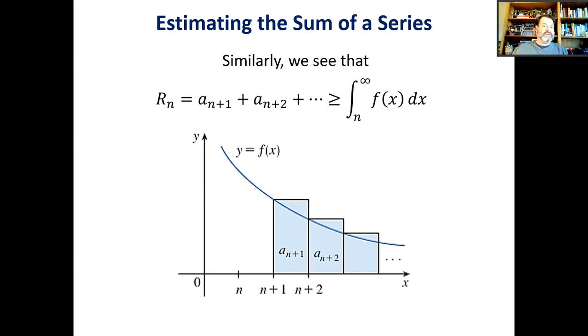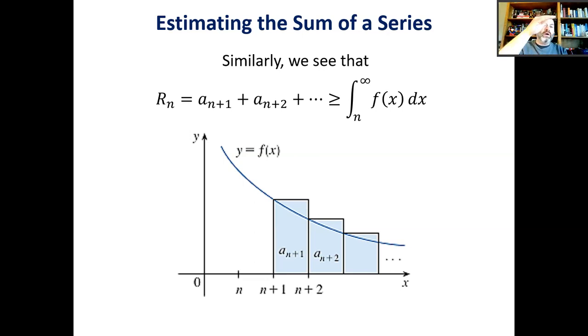So what this tells us is that the difference in the estimate, so the remainder, has to be somewhere between the left and right endpoint approximations. Because one of them is an overestimate the whole time, one of them is an underestimate the whole time. And the reason that works is because the function is decreasing.